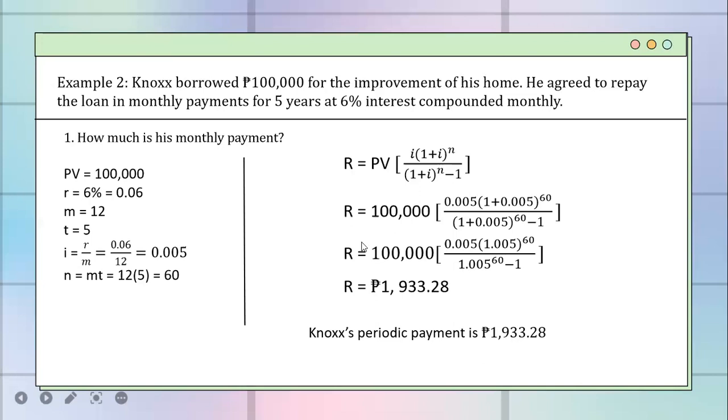We solve all this together, and that will be resulting in 1,933.28. So Knox's periodic payment is 1,933.28 pesos.